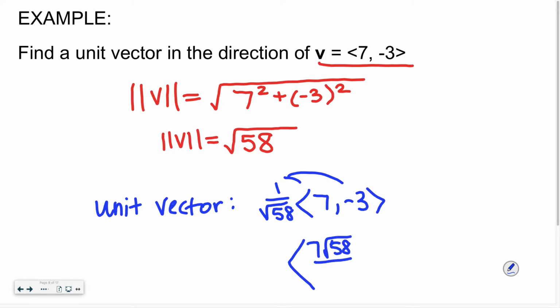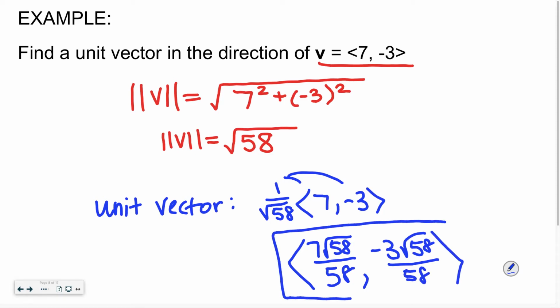And because I'm kind of picky about it, I'm going to ask that you rationalize and go ahead and distribute to both components. So here is our unit vector rationalized, but it's going in the same direction as 7, negative 3.